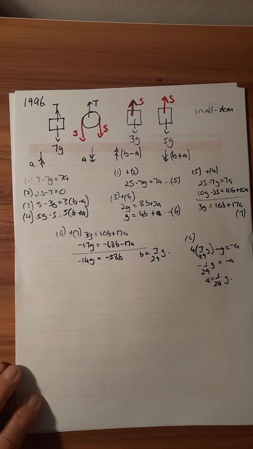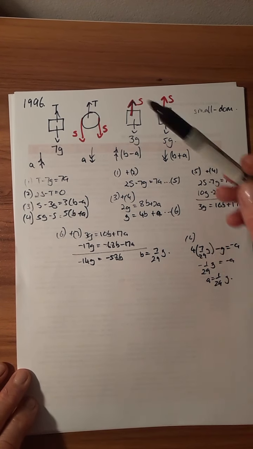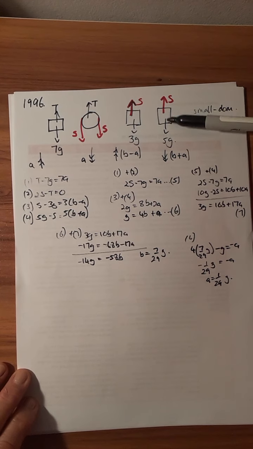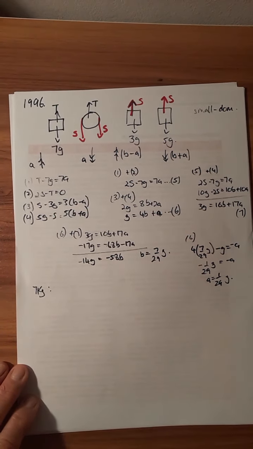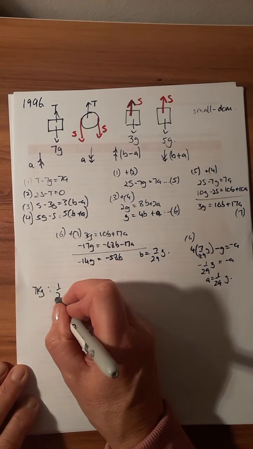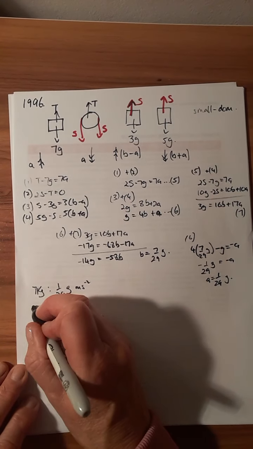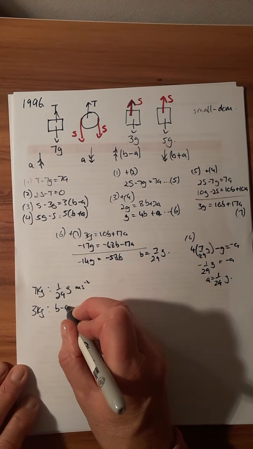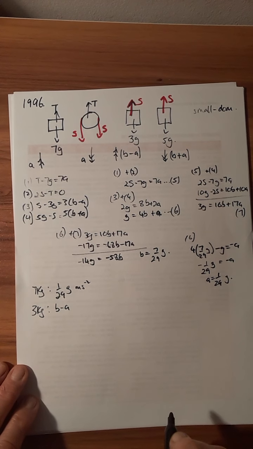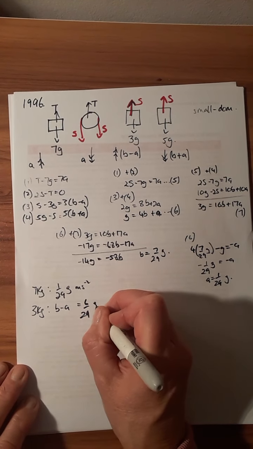So I have my two accelerations. The question says find the acceleration of the three particles. So these are my three particles, 7, 3 and 5 kilos. So the 7 kilo particle moves with an acceleration of A, and A is 1 over 29G meters per second squared. The 3 kilo particle moves with an acceleration of B minus A, and when I subtract B minus A, I end up with 7 over 29G minus 1 over 29G gives me 6 over 29G.